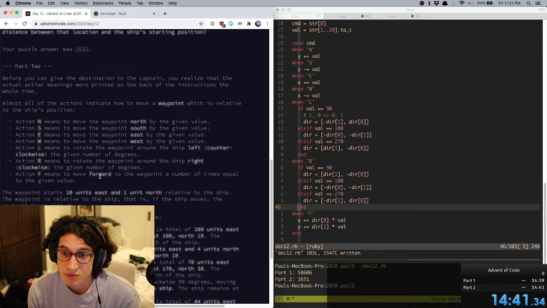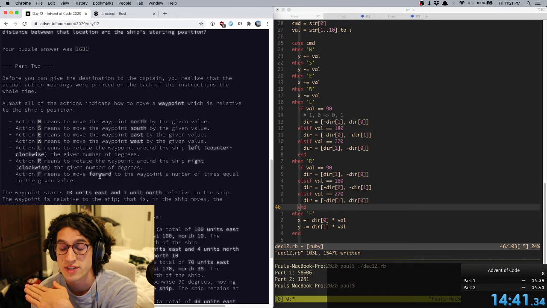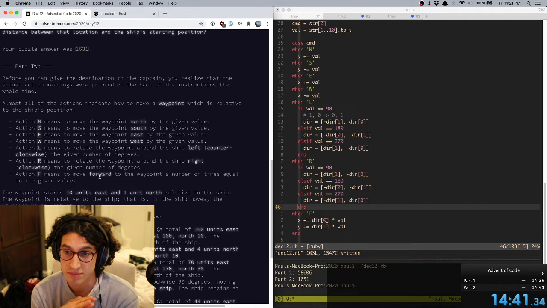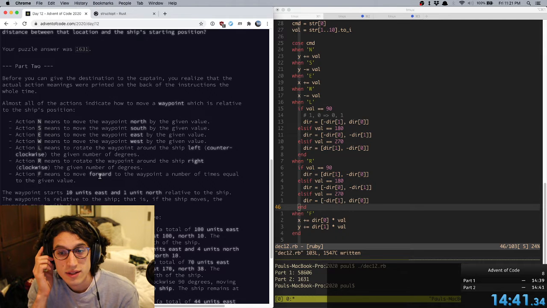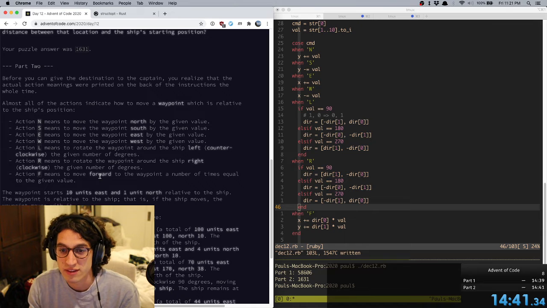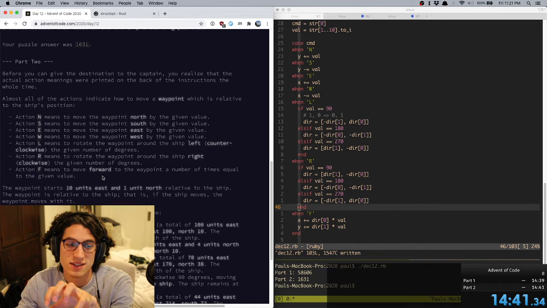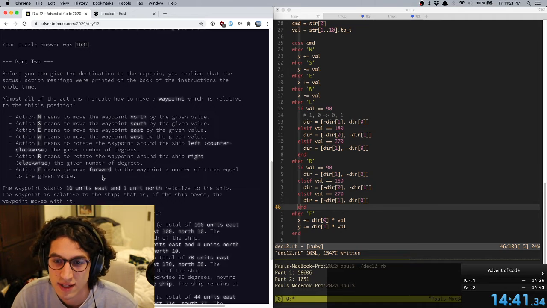North, south, east, and west means you move the waypoint by that value. And then L and R mean you rotate the waypoint around the ship. And the key point is when you move, the waypoint moves with you. The waypoint isn't a fixed point in space.